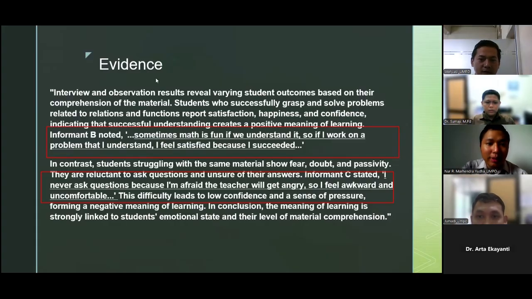This is a really significant finding because the teacher's role, especially his or her emotional state, is really significant here. If the teacher gets angry, the student will be afraid to ask or even respond to questions. This difficulty leads to low confidence and a sense of pressure, forming a negative meaning of learning. In conclusion, the meaning of learning is strongly linked to students' emotional state and their level of material comprehension.